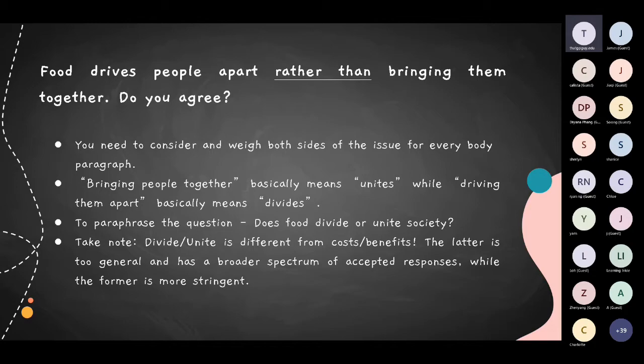Every single paragraph, you must do the comparison. Sometimes in essays you don't see the summarized version. Sometimes the setters will set it such that it's confusing. In this case, it's still okay because they say drive people apart, which means divide, and bring them together means unite. So that's still considered straightforward.